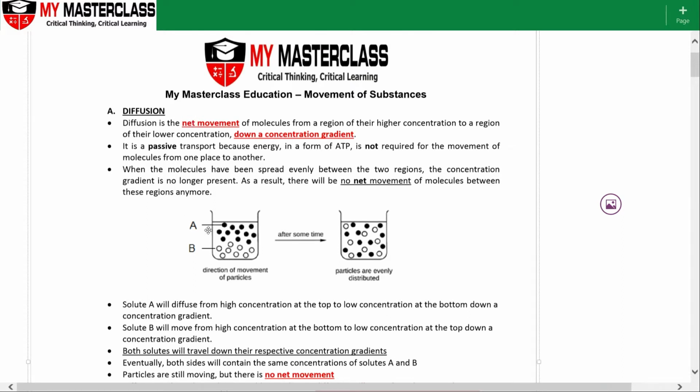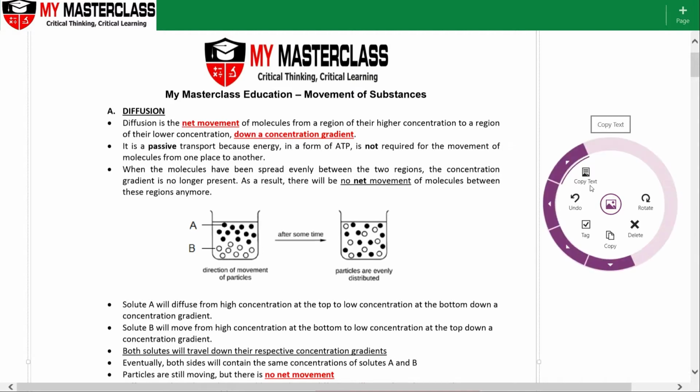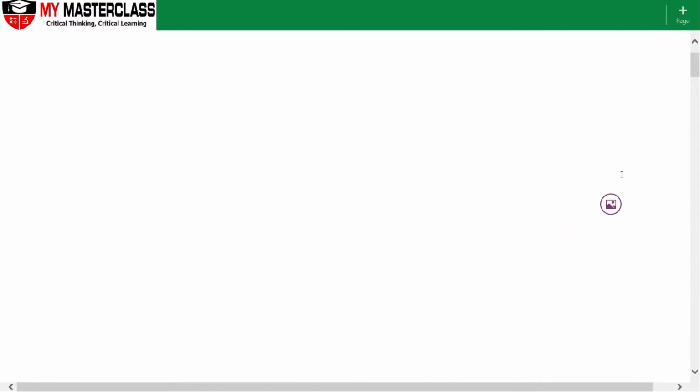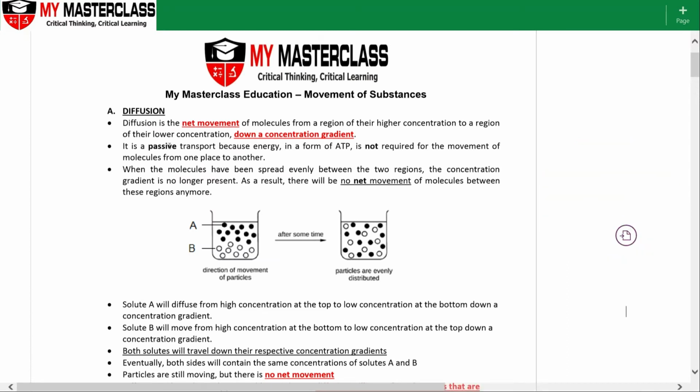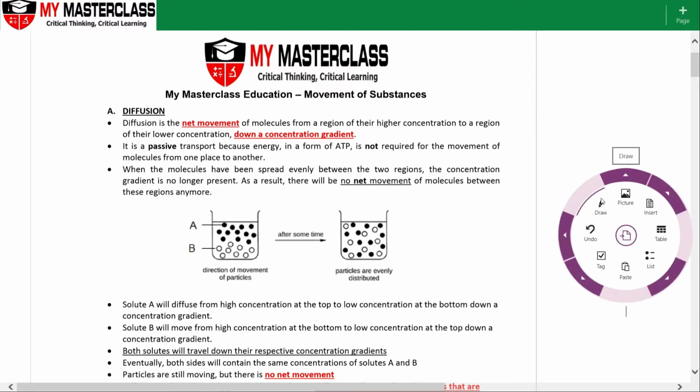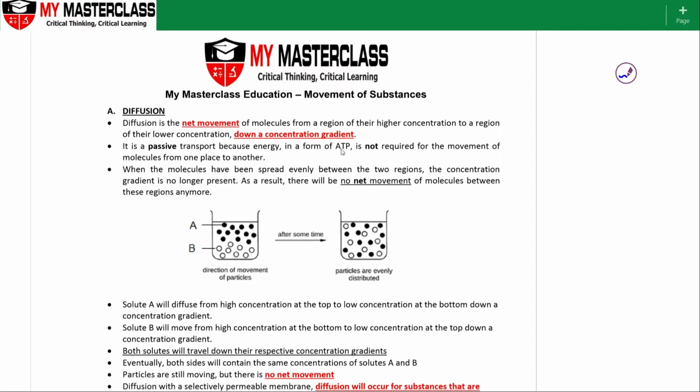And because it is from a region of higher concentration to a region of lower concentration, that is down the concentration gradient, and it occurs as a natural process, which is why it is a passive process and it does not require energy. Okay, so we have here passive transport. Passive transport means energy is not required, and more often than not the energy we are talking about is ATP.